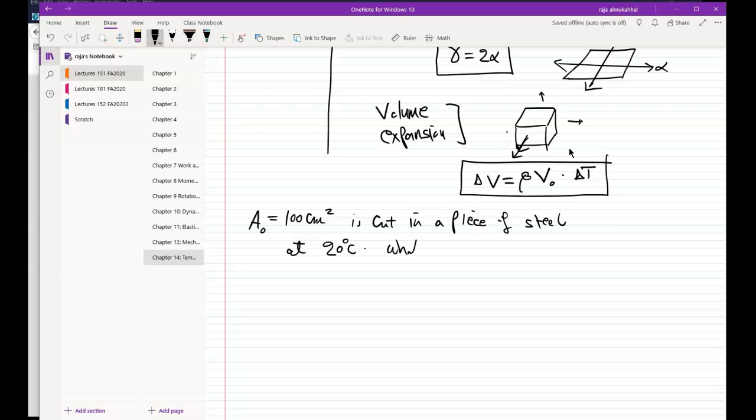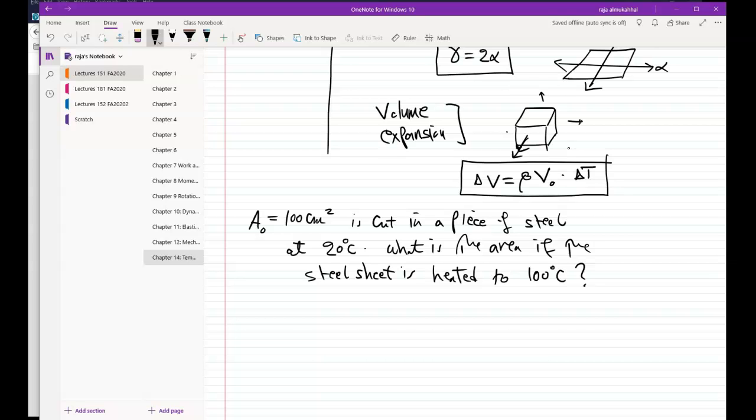What is the area if the steel sheet is heated to 100 degrees Celsius? That's the boiling temperature of water, right?